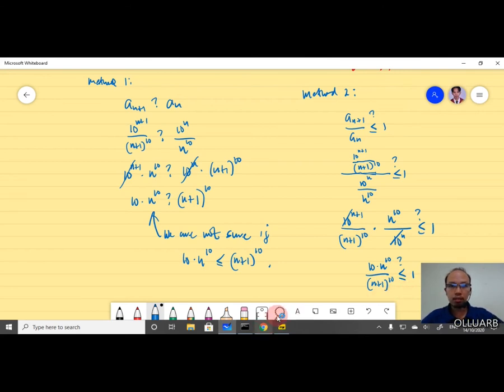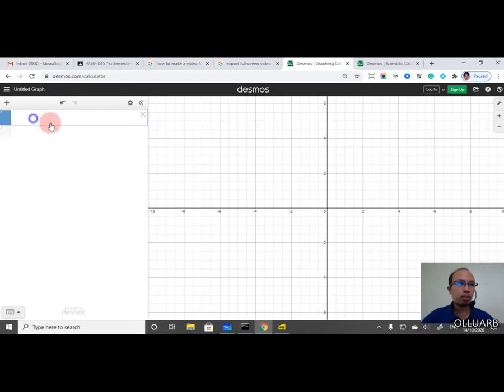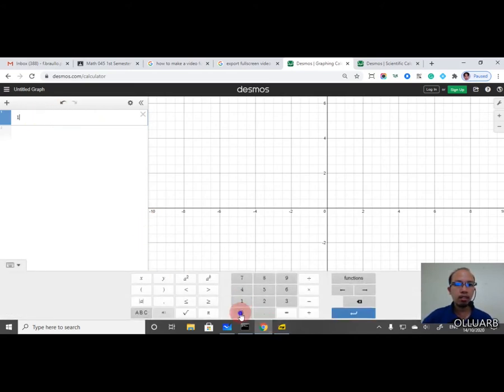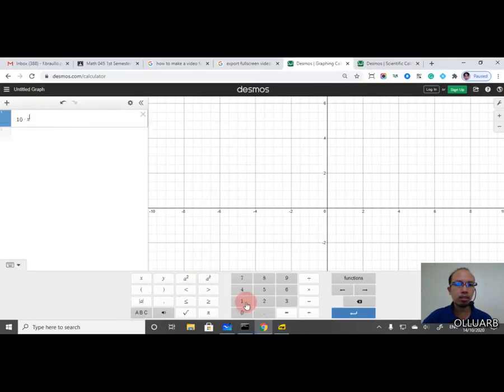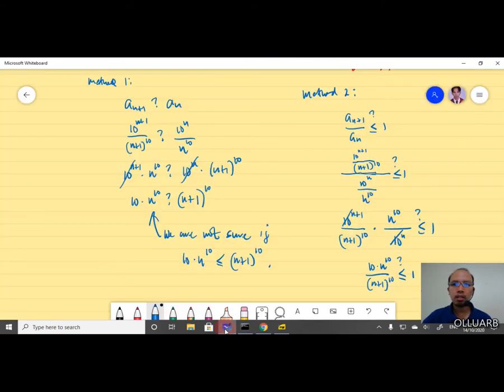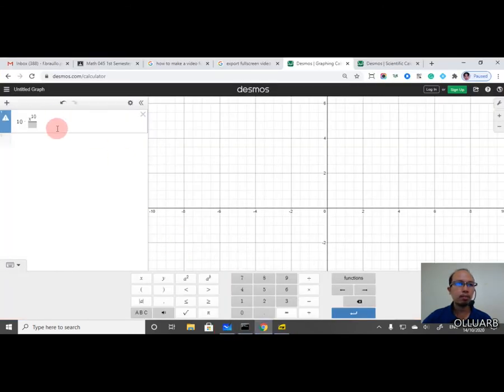But if you look at the graph, we have x to the 10 divided by the quantity x plus 1 to the 10.